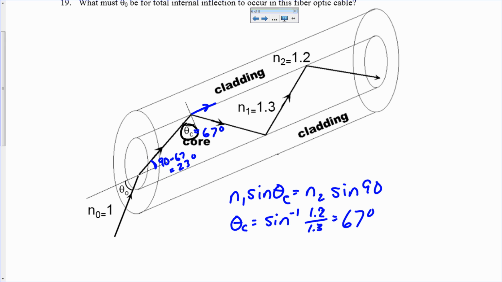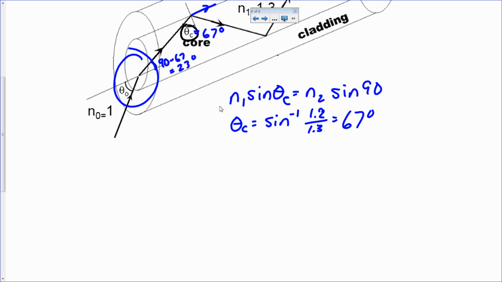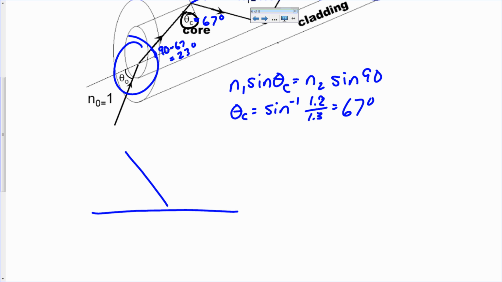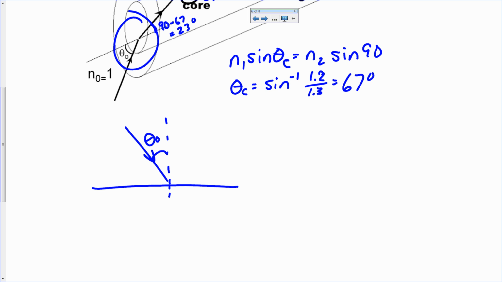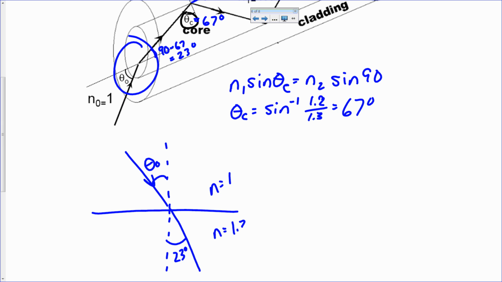All right, so now we do another refraction. We're looking at this interface. I'm going to sort of blow it up in a simpler diagram. This is theta naught, and this angle is 23 degrees. This is n equal 1, and n equal 1.3.